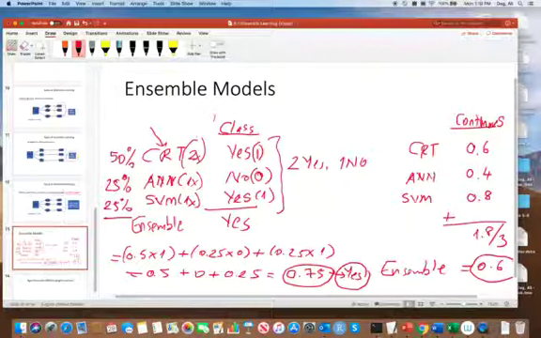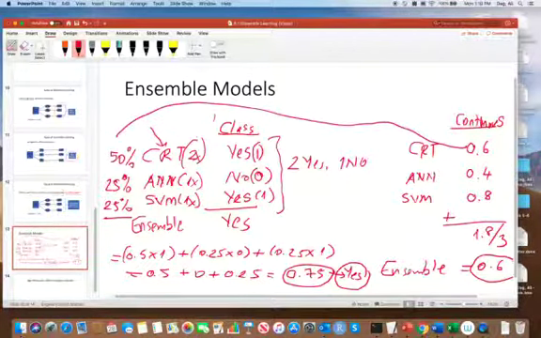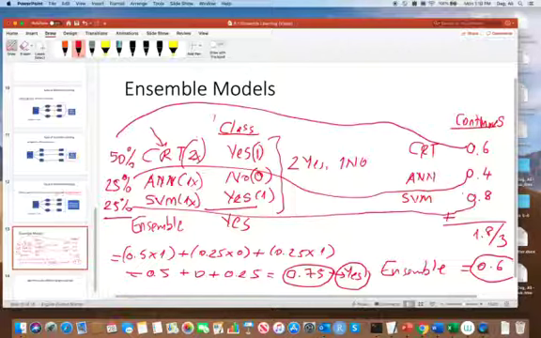Same thing here. Let's say I have the same weights here, 50% and 0.6, 25% and 0.4, and then 25% and 0.8. So basically, if you were to calculate the probability of me playing tennis, you'll multiply 50% times 0.6, 25% times 0.4, and 25% times 0.8.